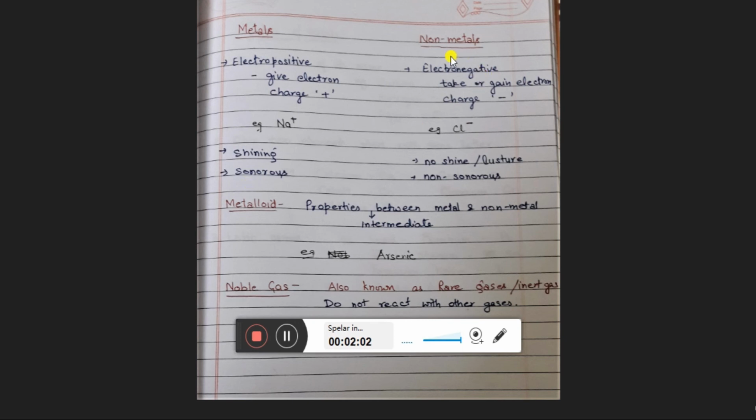Now the non-metals are electronegative. Why are they electronegative? Because they take or gain electrons, and as they gain electrons, they get the negative charge.